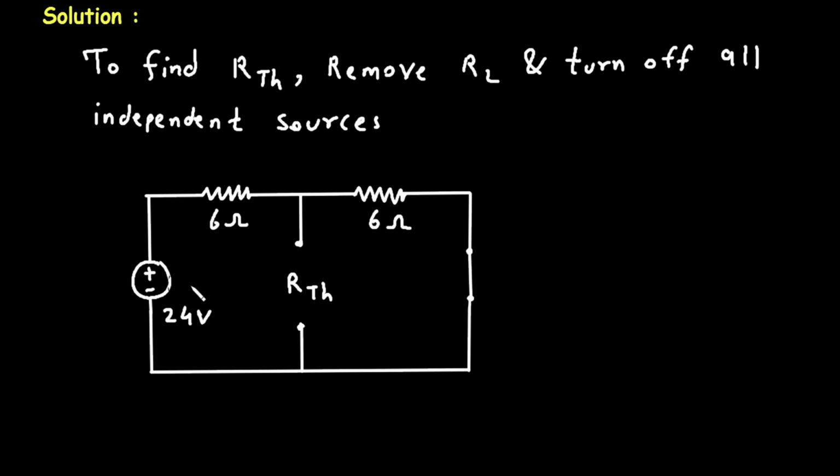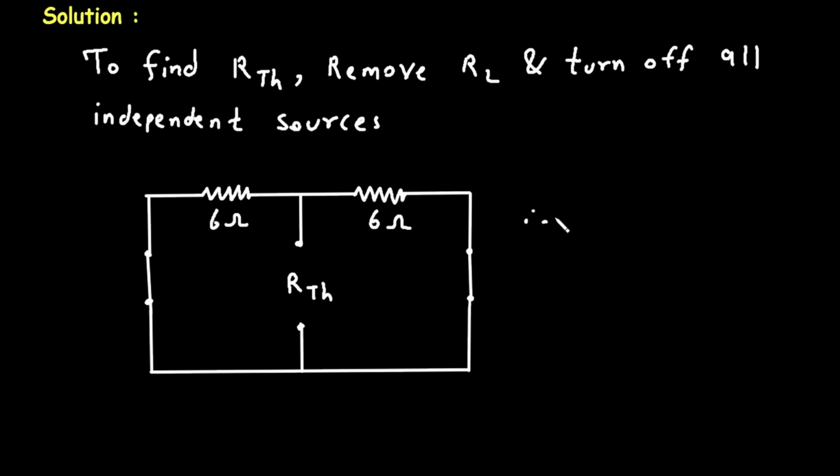Again there is one more voltage source. So we replace this by its equivalent resistance, that is a short circuit. Now here we can see if we stretch this terminal and this terminal, then this 6 ohm and this 6 ohm are connected in parallel.